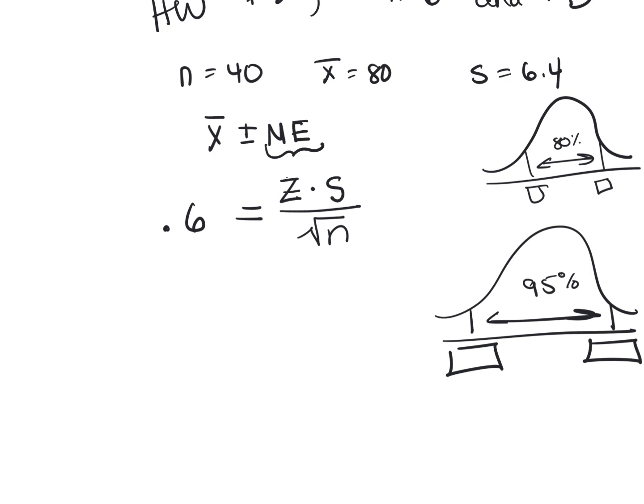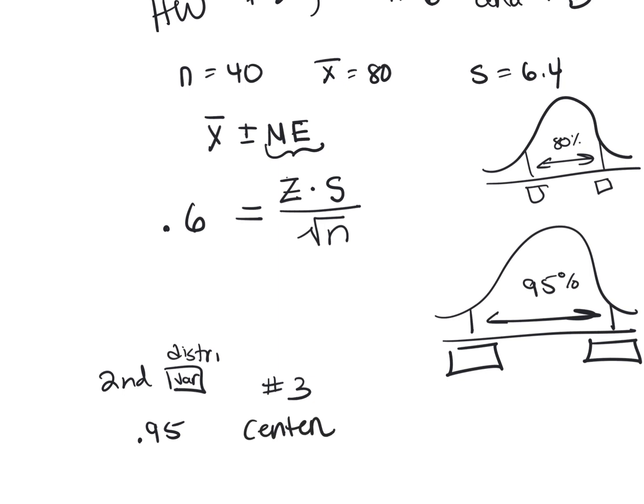If I am using a TI-84, which I typically am, then I would go second distribution. So second bars, which gives me the distribution key. Choose inverse normal, which is number 3. For area, I'm just going to put 0.95 here. Mean is 0, standard deviation 1, and it says tail, I want the 95% in the middle. So I put center.